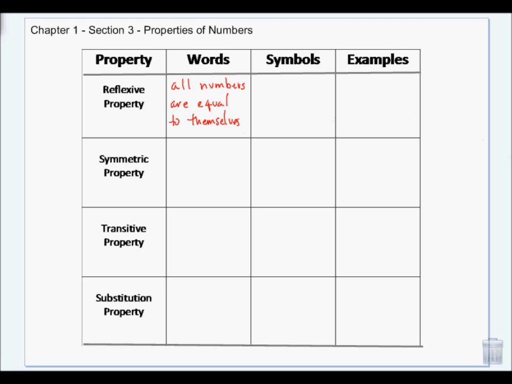Okay, in symbols, A equals A. Examples, 4 equals 4. 2 equals 2. Do we all agree with that?